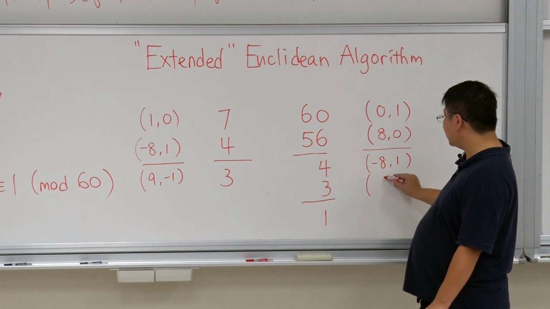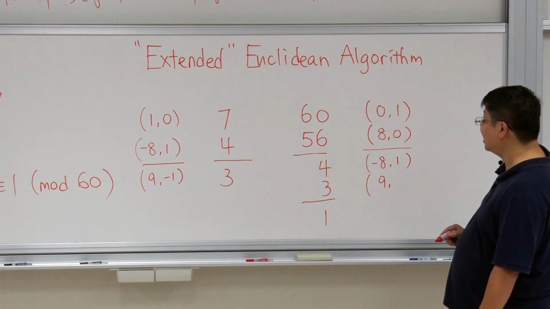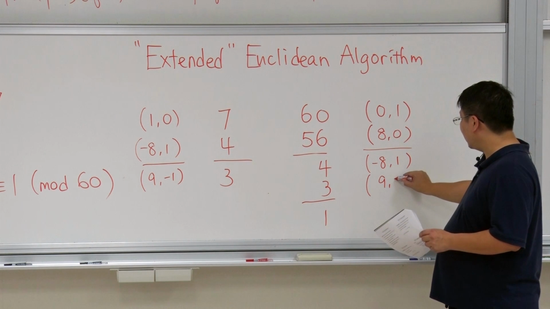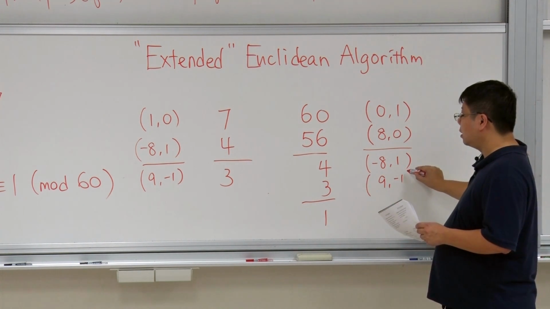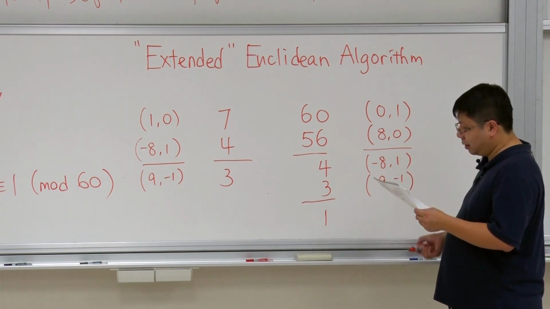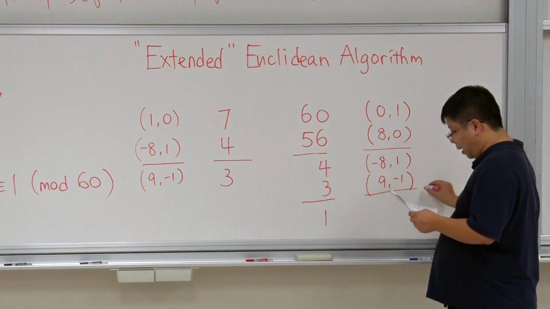So what is 3? 3 is (9, minus 1). Did I make a mistake? Let's try. 9 times 7 is 63 minus 60, yes, it looks correct.